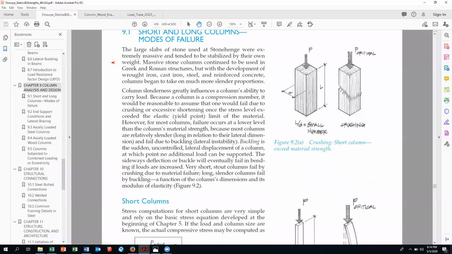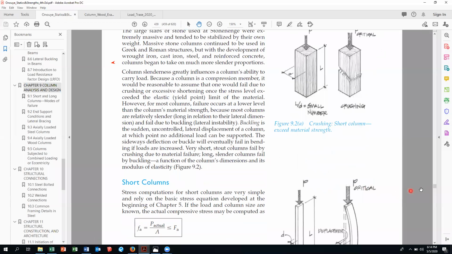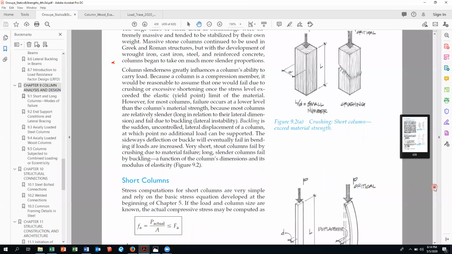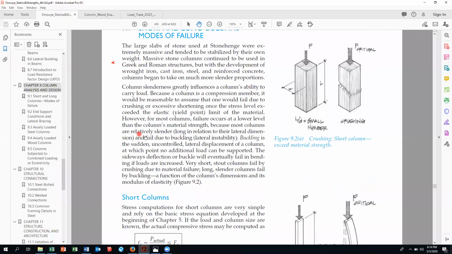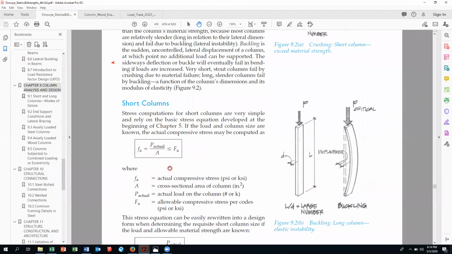So short columns, there's our direct stress formula: the actual load divided by the cross-sectional area, and that has to be less than the allowable compressive stress per the codes.